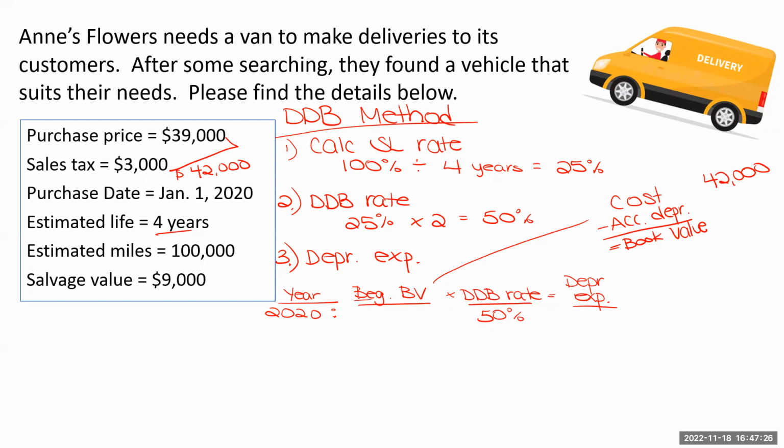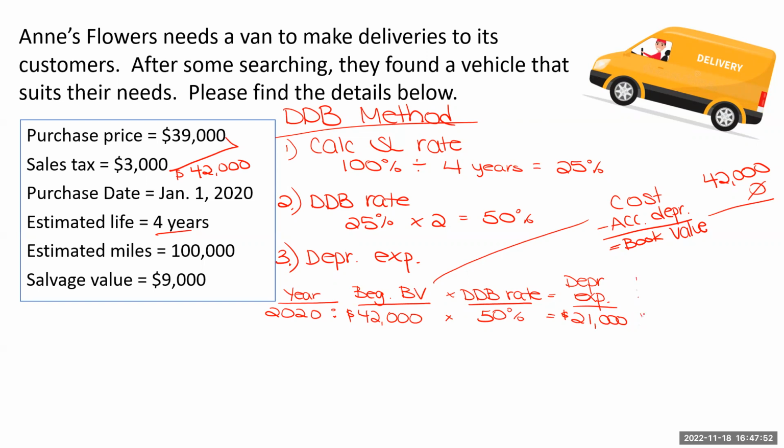When you start off at the beginning of the year, you have no accumulated depreciation, right? It's a brand new asset. There's no accumulated depreciation. So in the first year only, will your beginning book value be the same as the cost? Okay. That means we get $21,000 for the first year of depreciation expense.